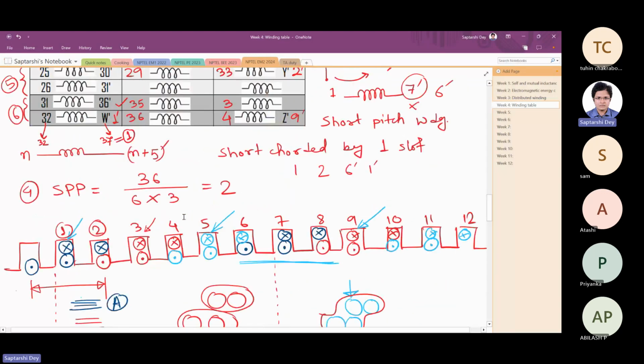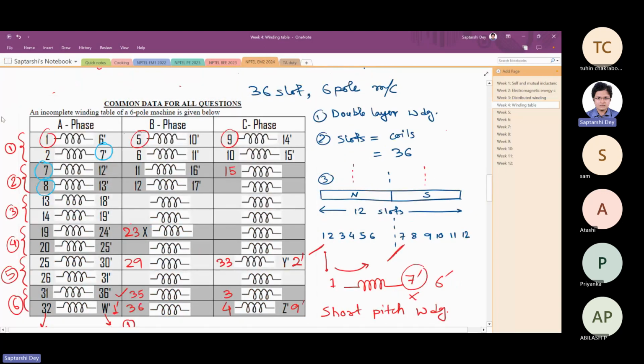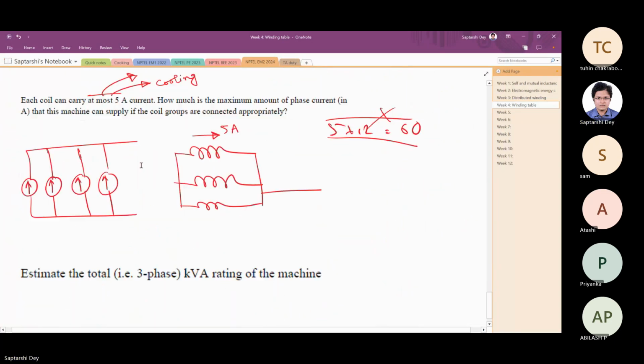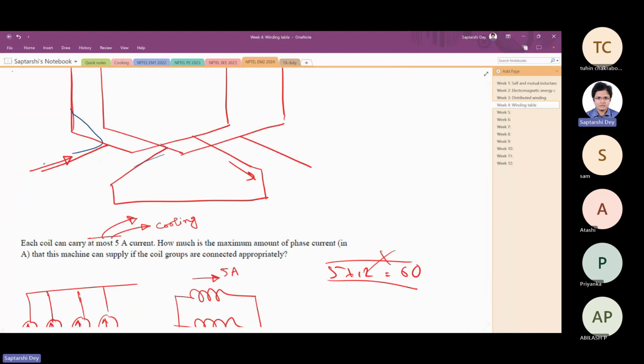And here coil grouping, each group has 2 coils. This way. So this is one unit, according to the convention that they are following in the class. But still, there are several possibilities here.